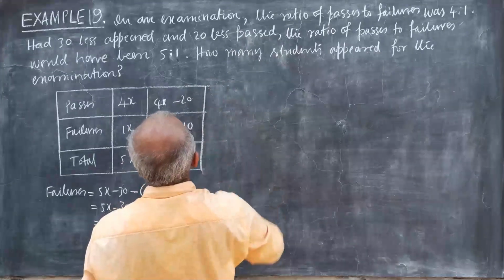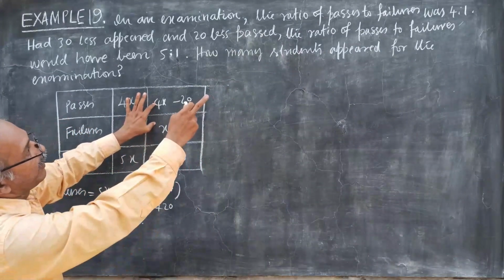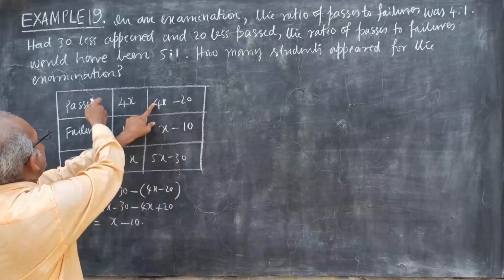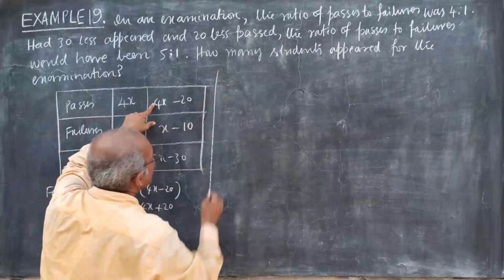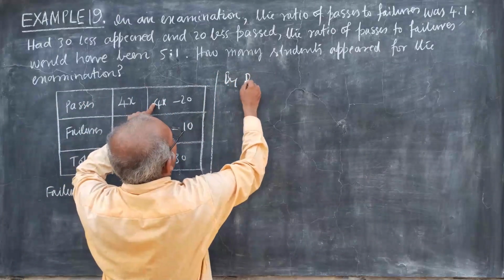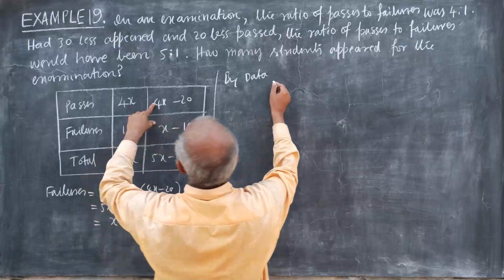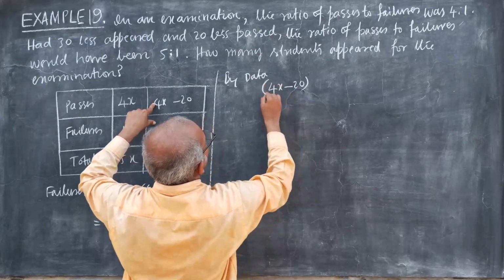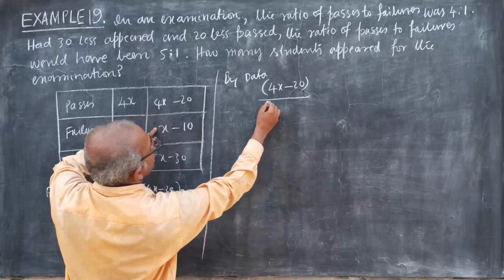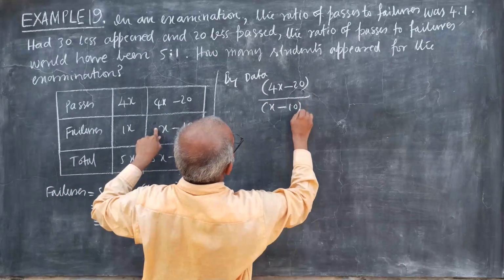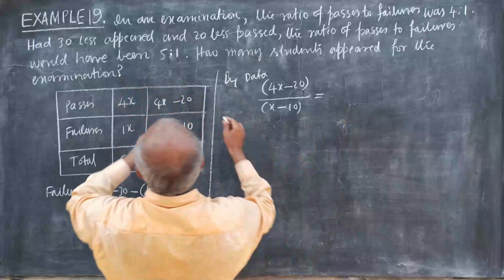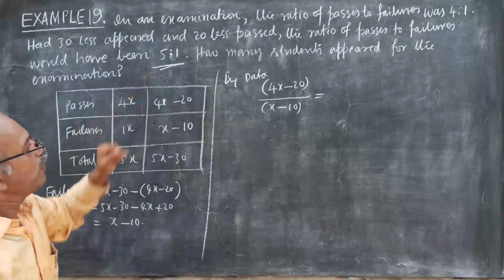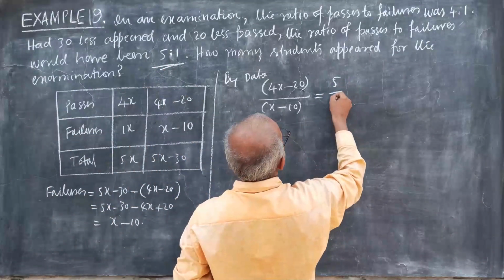Now by data, the ratio of passes to failures, 4x minus 20 to x minus 10, is 5:1.